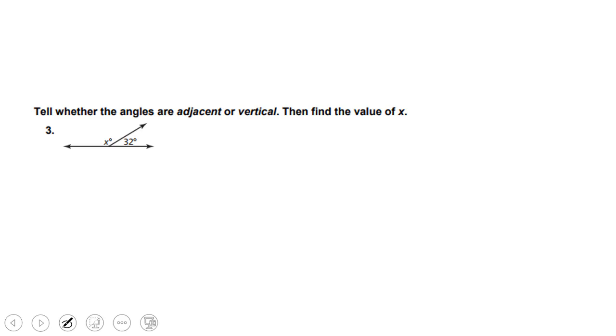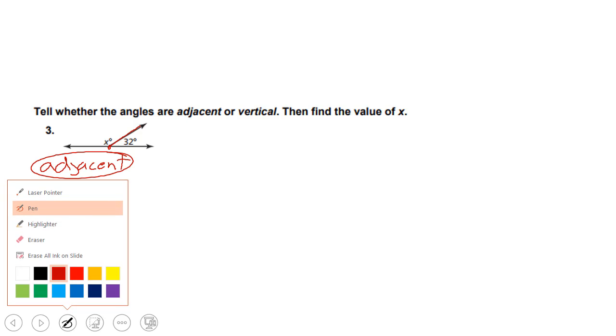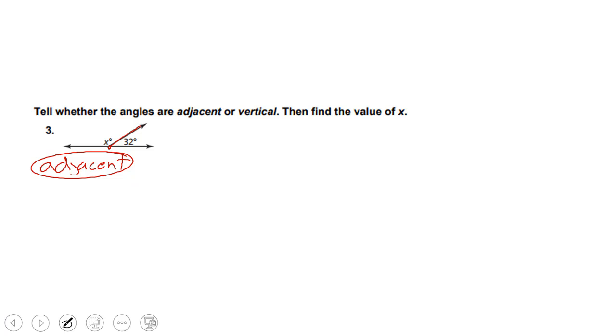Tell whether the angles are adjacent or vertical, and then find the value of x. Here we have 2 angles. There's a vertex right here, and they happen to share this one side. So we have adjacent angles. Now I want to find the value of x. Hopefully you recognize that these 2 adjacent angles create that straight angle.